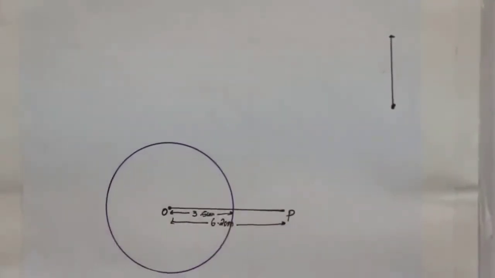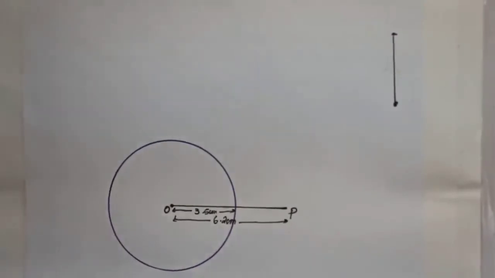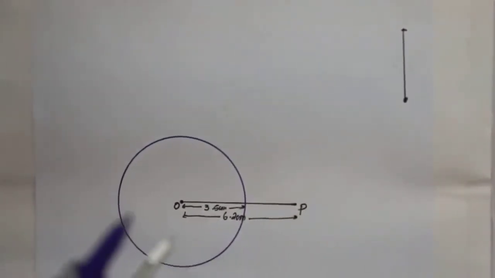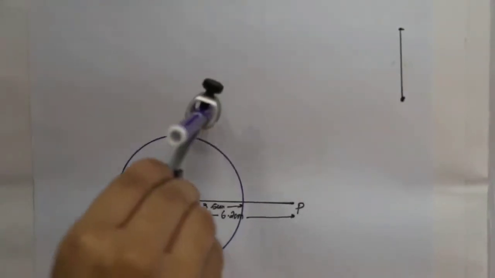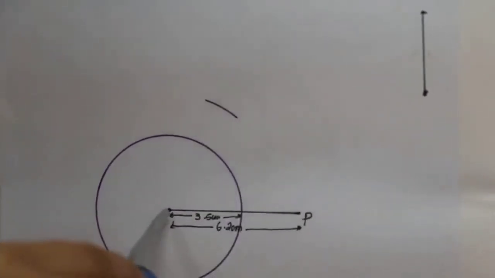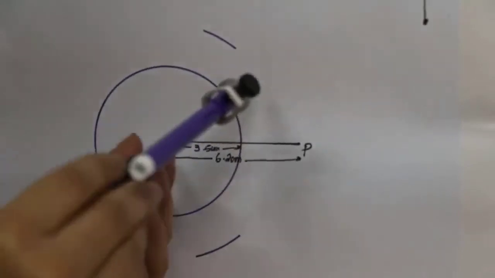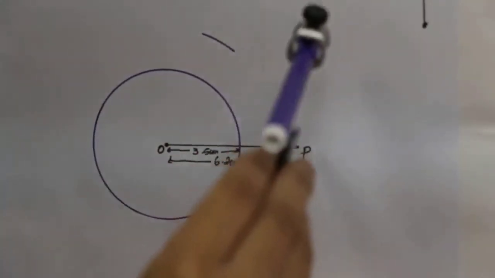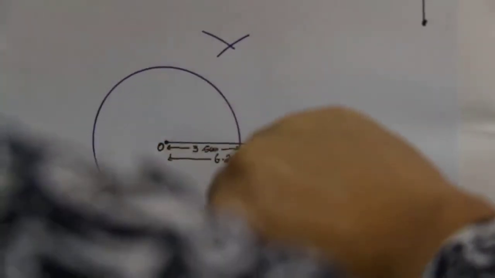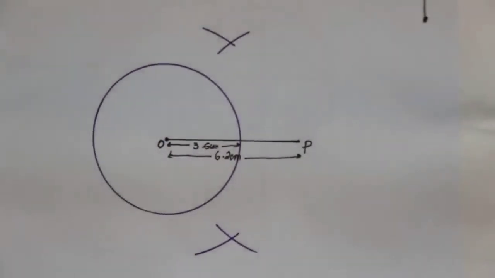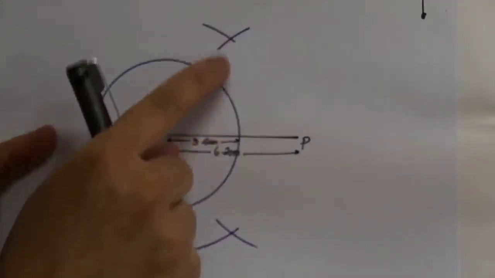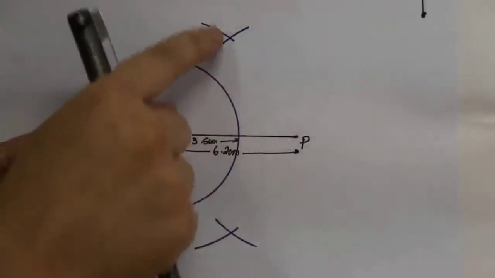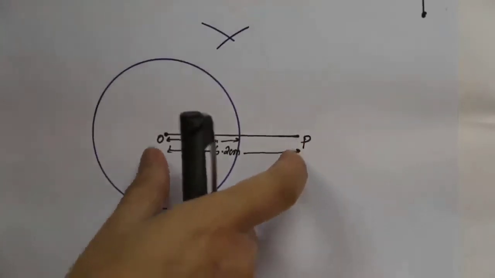Again, with your compass you take a much bigger arc. From point O you cut above and below. Again, same arc, from point P you cut above and below. If you join these two intersection points, you will get the perpendicular bisector of OP.